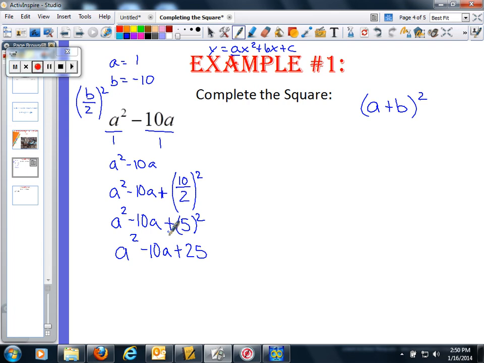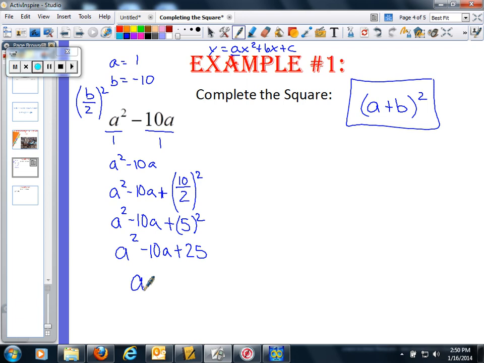This is a perfect square. Now, I'm actually going to show you a shortcut on factoring it as well. Again, I want to write it in this form if I can. Okay, so this is my completed square. Now, in order to write it in that form, it's really, really simple because you already have b. b is what you are going to get here. So it's going to be a.